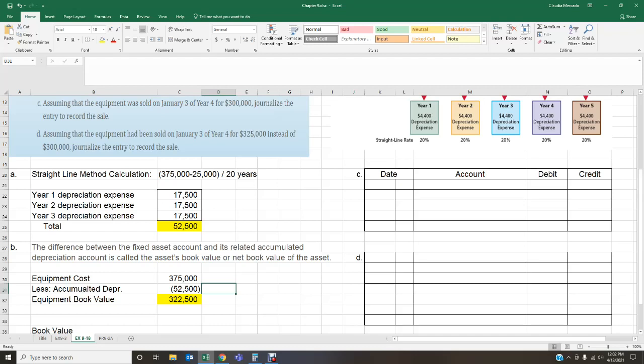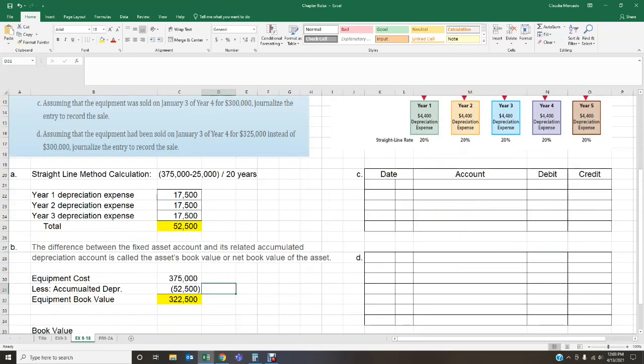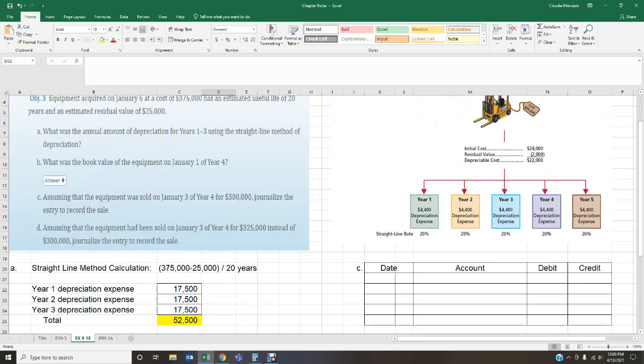So I know that I've purchased it for $375 based on the straight line depreciation method that we are applying. It's been depreciated $52,500, so our book value is $322,500. That is requirement B. The book value, $322,500.